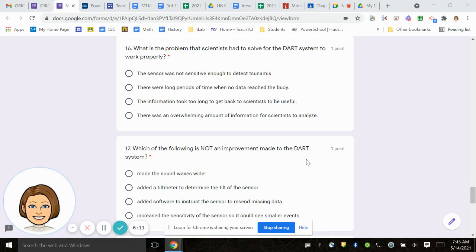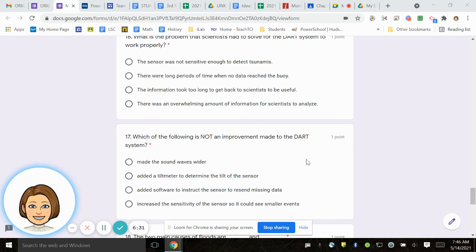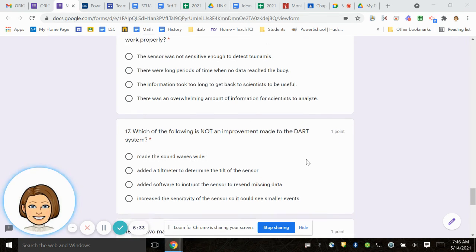Number 17. Which of the following is not an improvement made to the DART system? Made the sound waves wider, added a tiltometer to determine the tilt of the sensor, added software to instruct the sensor to resend missing data, increased the sensitivity of the sensor so it could see smaller events.